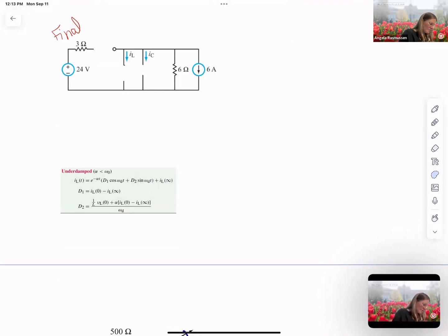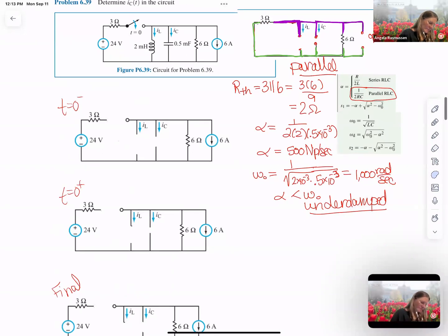So we need WD, which is the square root of omega naught squared minus alpha squared.